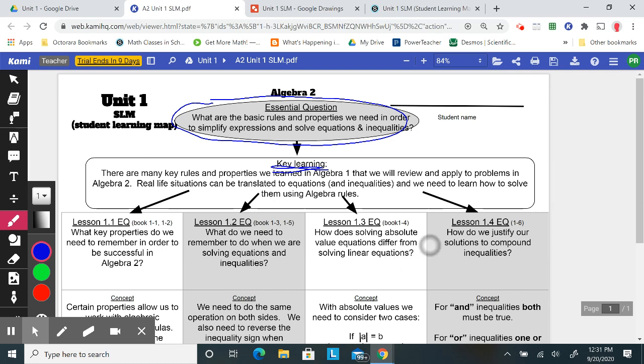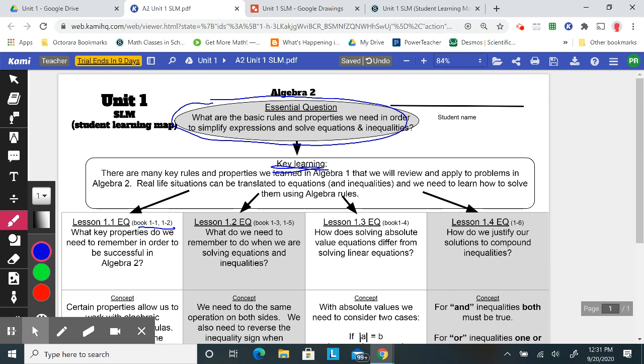As you can see, each lesson has a book lesson that goes with it. Like lesson 1.1 is actually in our book, when you get our book, lessons 1.1 and 1.2. Our lesson 1.2 will be from the book 1.3 and 1.5.